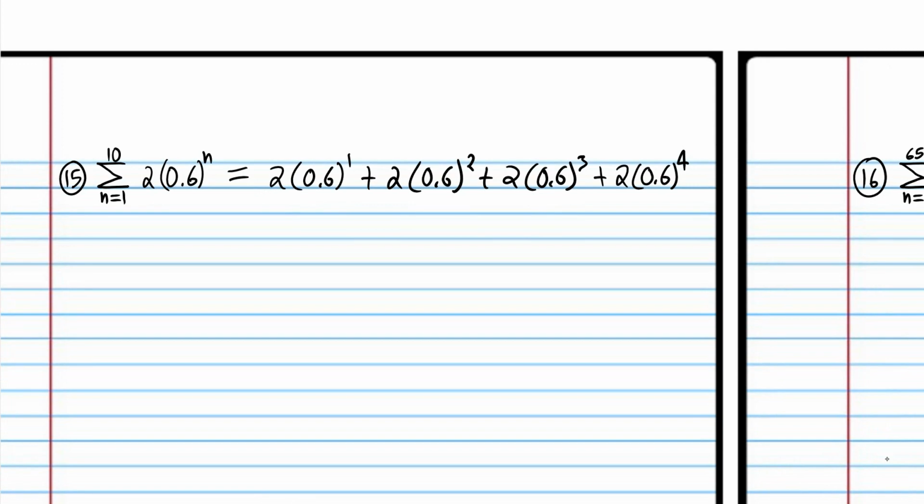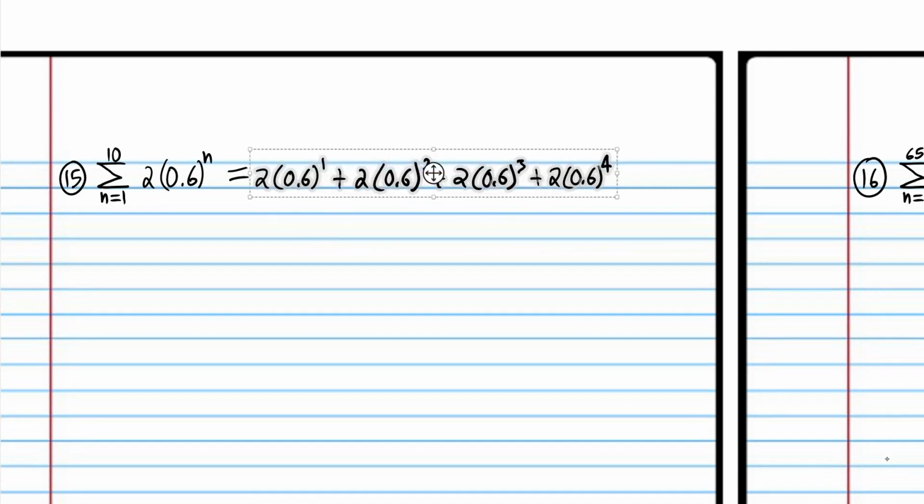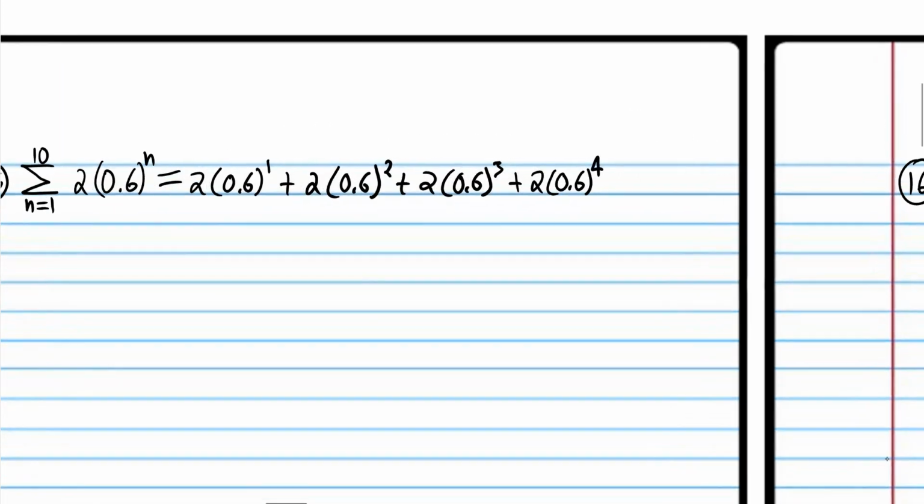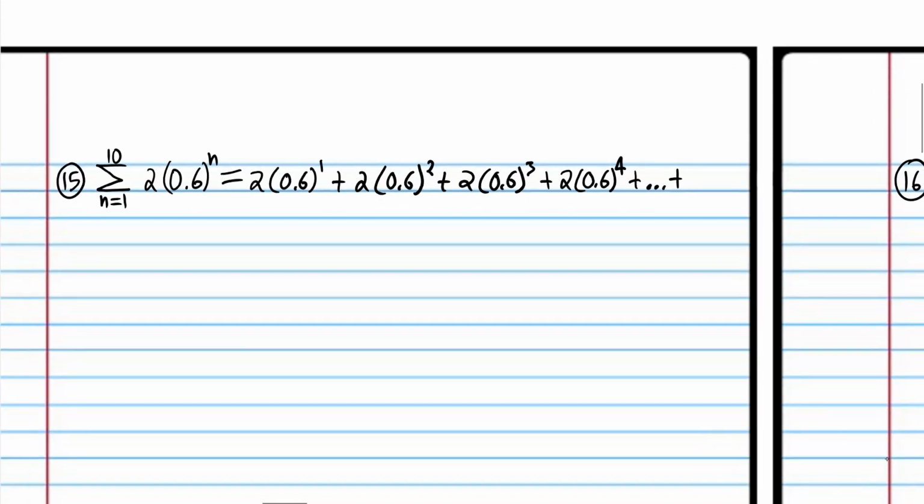And it's not enough to stop there. We have to write what the last term is, because if we write an ellipsis, that means that the sum goes on forever, and that's not really true. It doesn't go on forever. It stops at 2 times 0.6 to the 10th power.